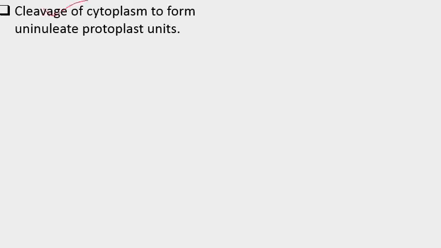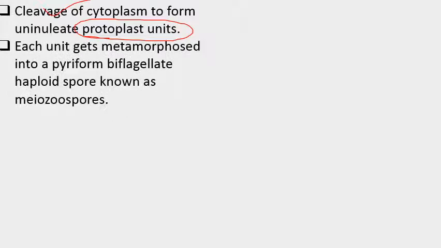So this cleavage of cytoplasm occurs to form uninucleate protoplast units. ये cover करती हैं uninucleate जो single nucleus है उसको, और इसके बाद they get metamorphosed into pyriform. Pyriform means pear-shaped biflagellate haploid spores, which are known as meiospores because they are formed as a result of meiosis.